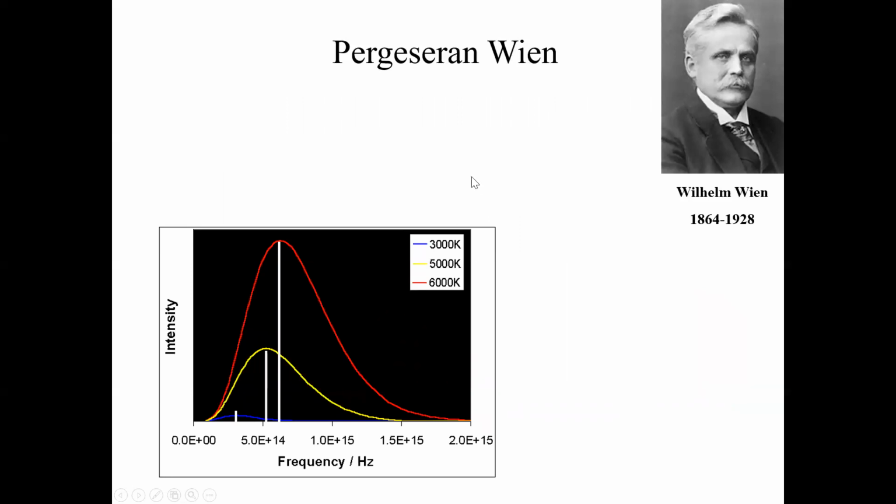We call it Wien's law of shifting. They satisfy this: the peak of the curve, lambda p, meaning the maximum, times T, where T is the temperature, is a constant.